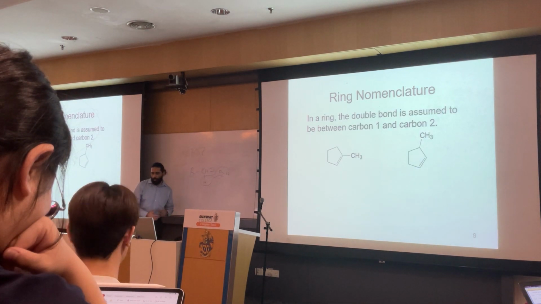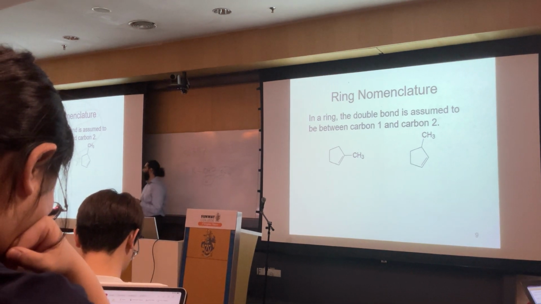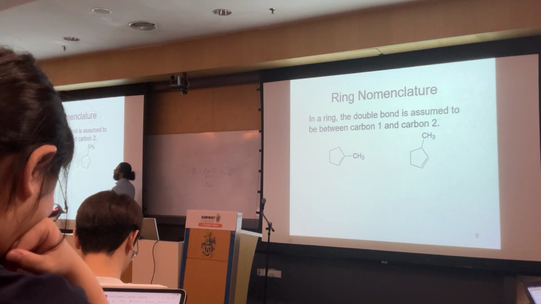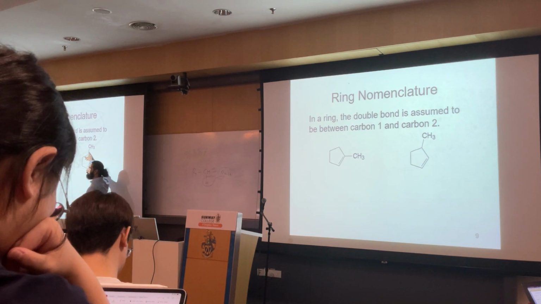So ring nomenclature continues. Once in the cyclic structure you also have a branch there, then it gets interesting. Now you have to give numbers. Why? Because now we don't know where exactly on the ring the double bond is relative to the branch. Right?